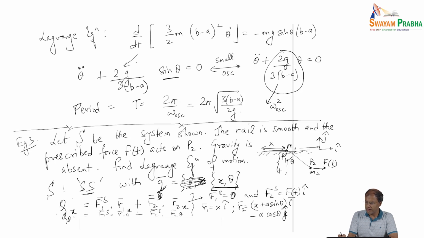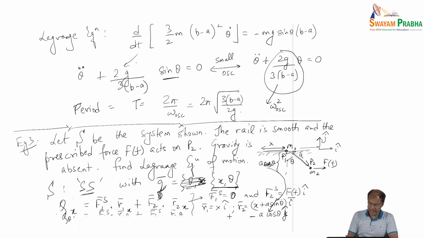So the distance between the two masses is a, the fixed distance, so the horizontal distance is a sine theta. So that is why we have this a sine theta here, right? And the vertical distance is a cos theta, which is here. Okay, so that is my vertical distance.